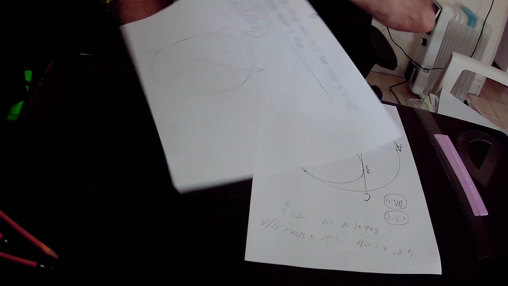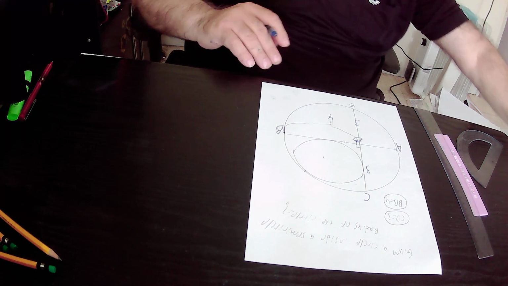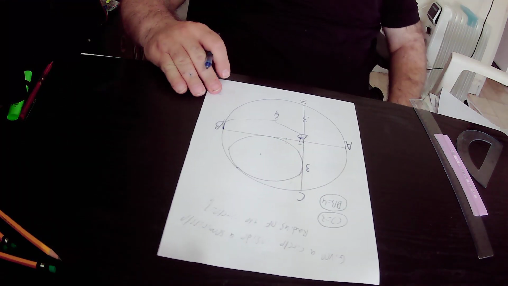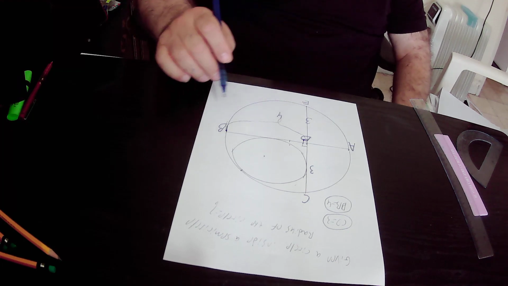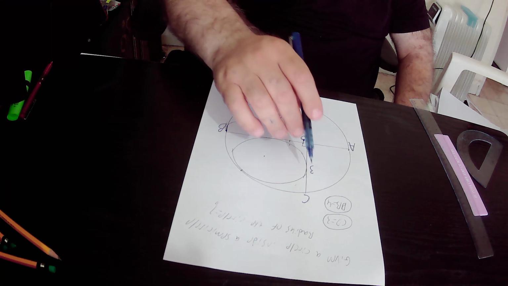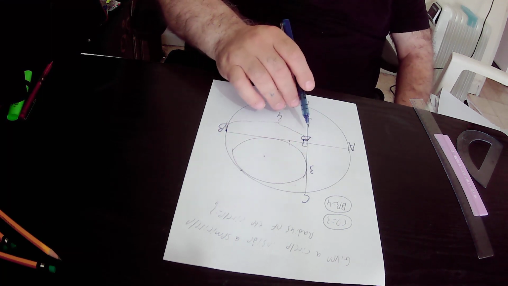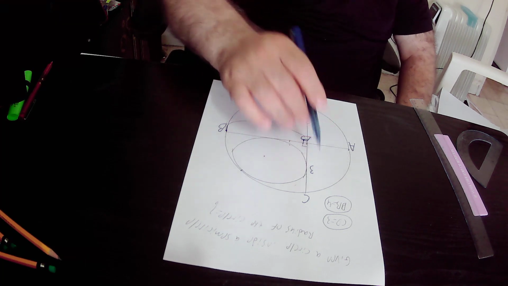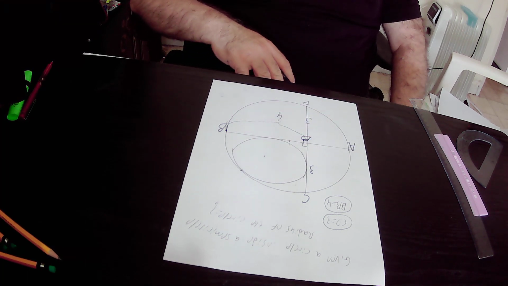So we can actually implement rule number 1 in our drawing. Why? Because in our drawing we have chord AB that intersects with chord CE at point D. Point D is the intersection point of chord AB with chord CE. So I write it down.